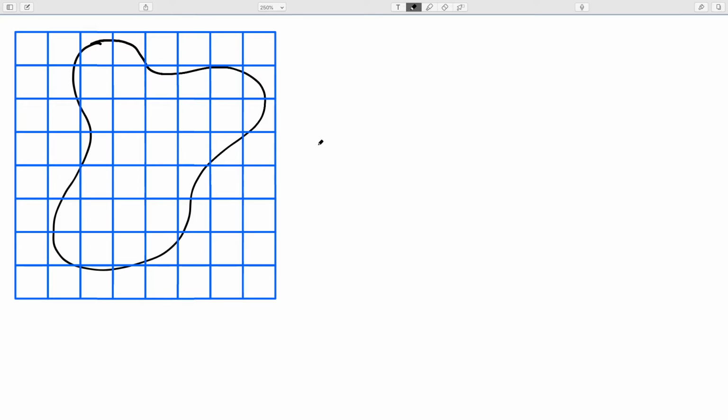I can also use graph paper to find an underestimate and overestimate for the area of an irregular region. So an underestimate would be all of the complete squares. So if we were to look at this particular picture, we have a complete square here, here.